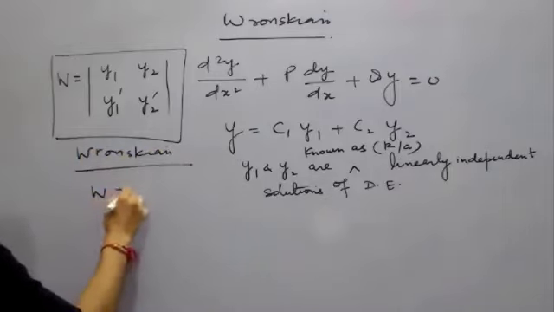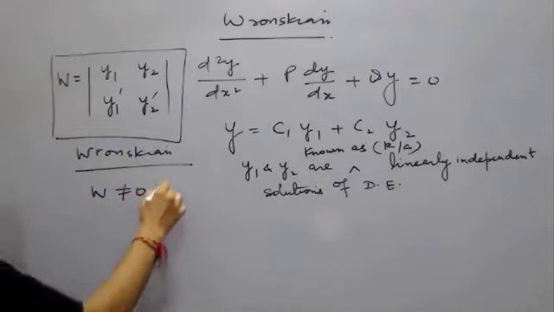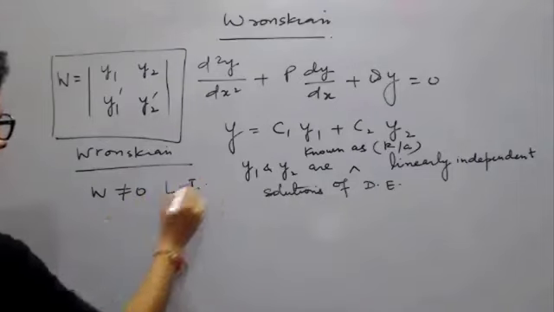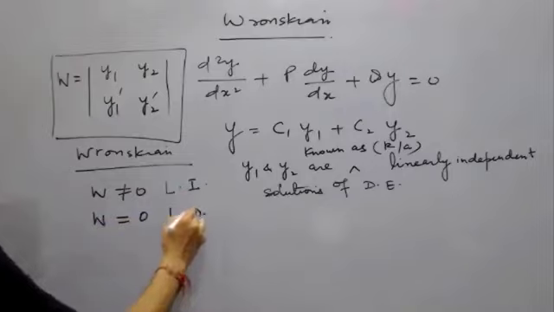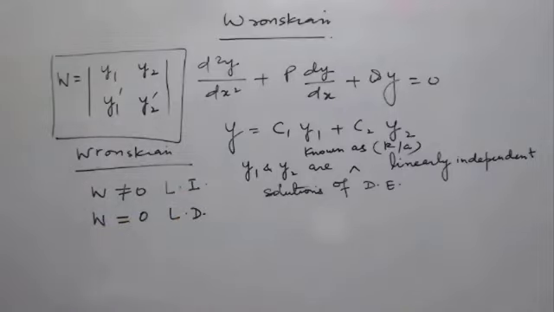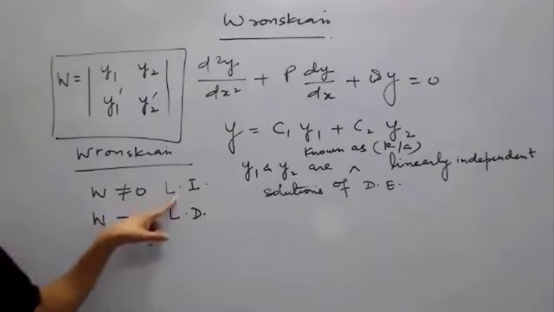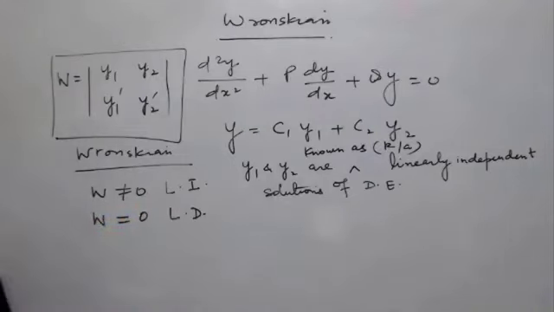And if Wronskian is not equal to 0, that means the solutions are linearly independent. And if Wronskian is equal to 0, that means the solutions are linearly dependent. So in most of the cases, in our cases, it will be linearly independent. So what is the meaning of W?